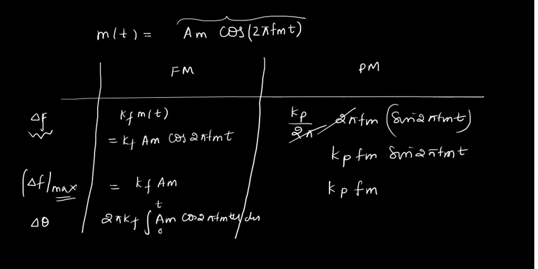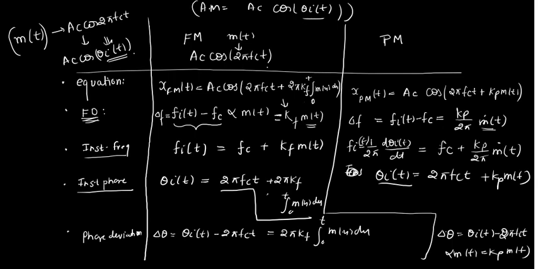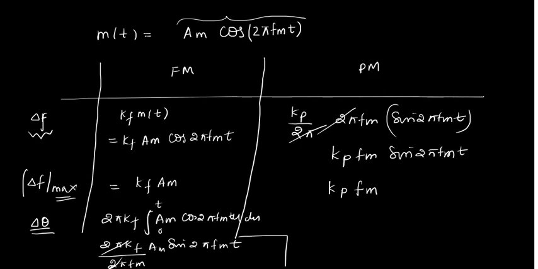If you integrate it, 2 pi Kf Am sine of 2 pi fm t divided by 2 pi fm, it is very straightforward, you just integrate it. So it will be Kf Am by fm sine 2 pi fm t. And what would be the phase deviation for the case of PM? It is simple, Kp m(t). Kp m(t) means Kp Am cos 2 pi fm t.